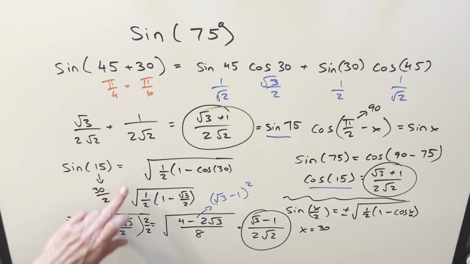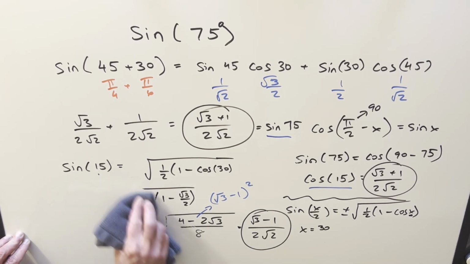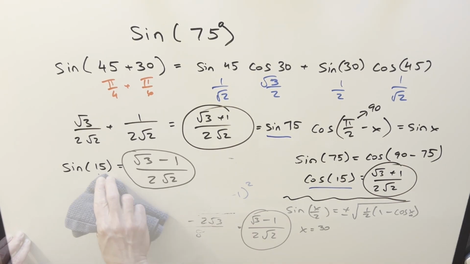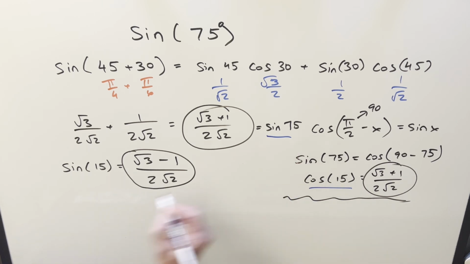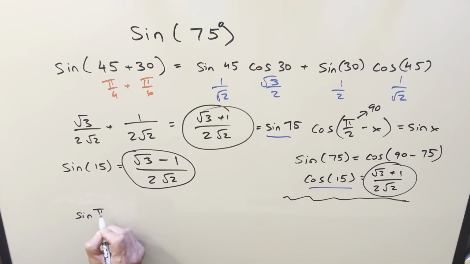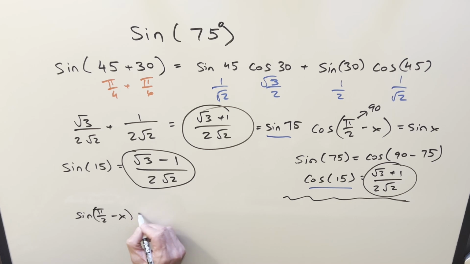So that's pretty nice. Let me fill that into our little table and put it back over here for sine 15. And then from here, we can do the same thing we did over here. We can just do the complementary angle formula again. It's the same thing, but we'll just write it out. So sine of pi over 2 minus x equals cosine of x.